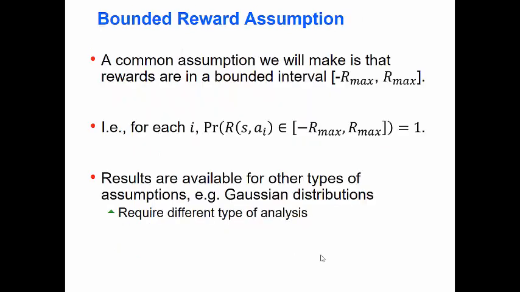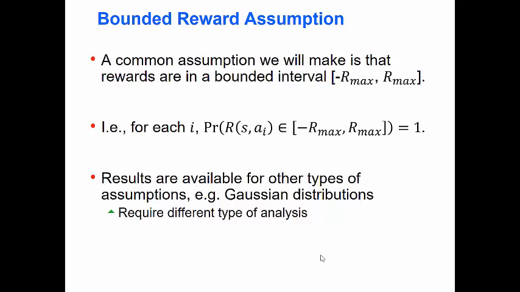All right, so now we'll get into the actual material, and we're going to make a couple of assumptions to actually talk about this mathematically. The assumptions we're going to make are about bounded rewards.